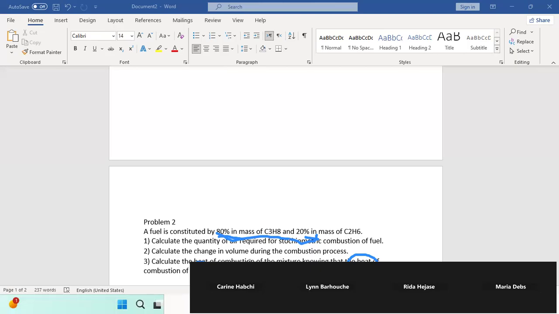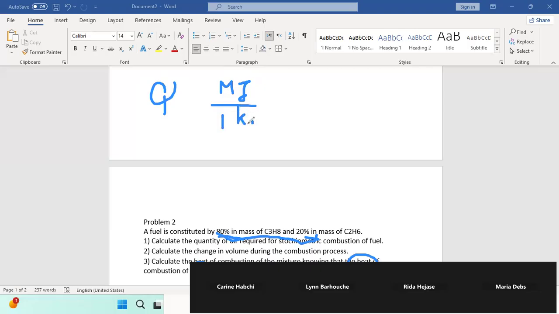But in case, I repeat, it was megajoule per kilomole, pay attention to convert your percentages from percentage in mass to percentage in volume. So you can say that you need to determine the heat of combustion Q. So what is Q in megajoule? That will be released if we have combustion of 1 kilogram of fuel.